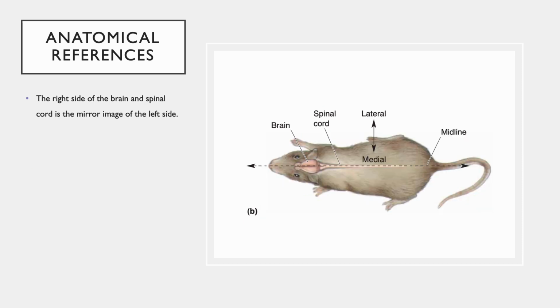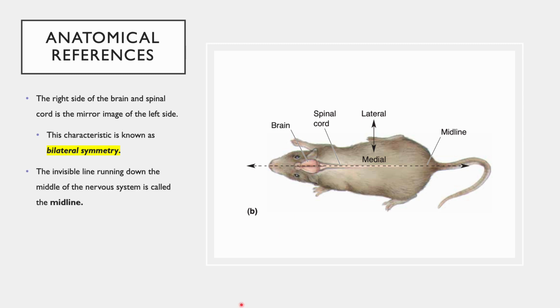Interestingly, the right and left sides of the brain and spinal cord are perfectly mirrored, and this is known as bilateral symmetry. So essentially, each brain region has two parts that are connected by both hemispheres together. We could say that we have one whole hippocampus, but we technically have two hippocampi, one in each hemisphere.